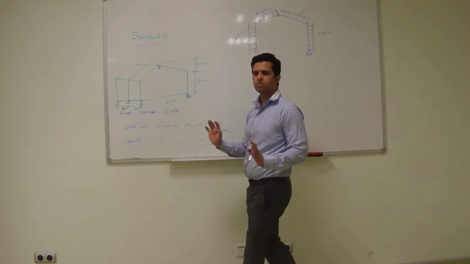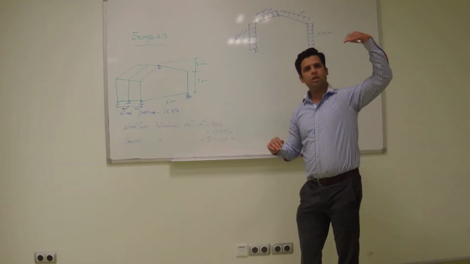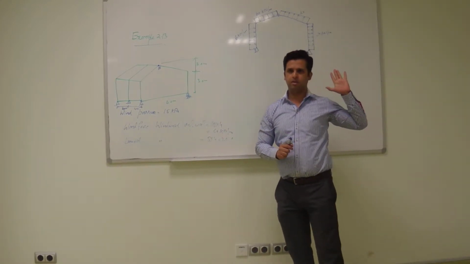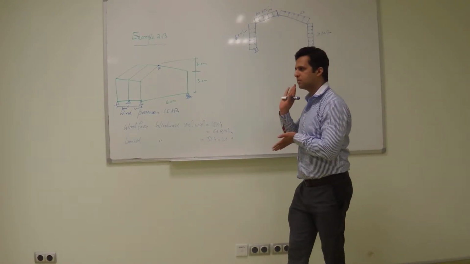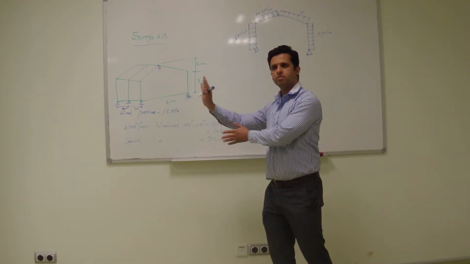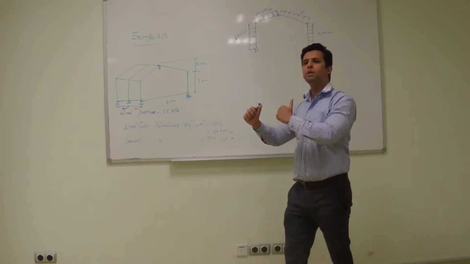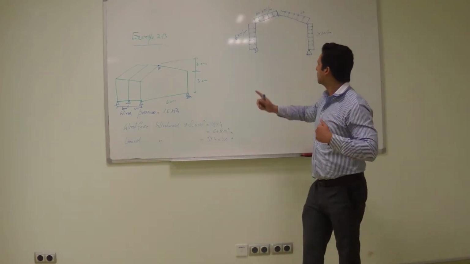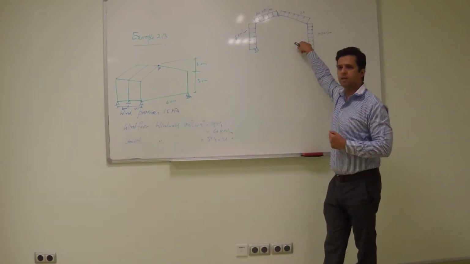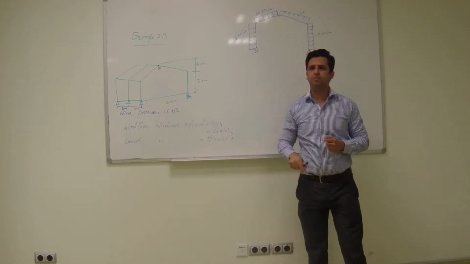So windward means the wind pressure is acting direct on that. Leeward means going away. So that's why we have shown the leeward away and the windward towards.